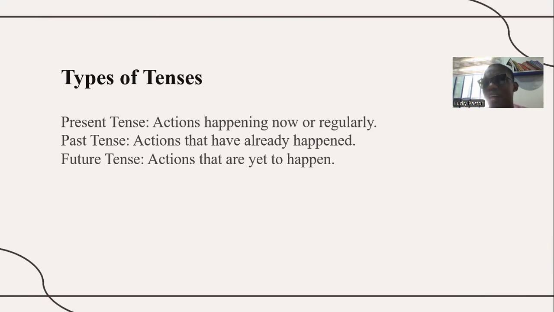The present tense has four aspects, past tense has four aspects, and the future tense has four aspects. These aspects include the simple, the continuous, perfect, and the perfect continuous. These apply to all the different tenses I have just mentioned. Now let's see how it works.